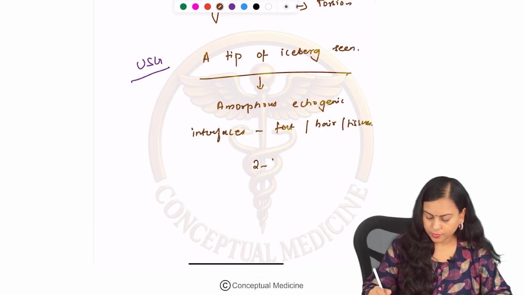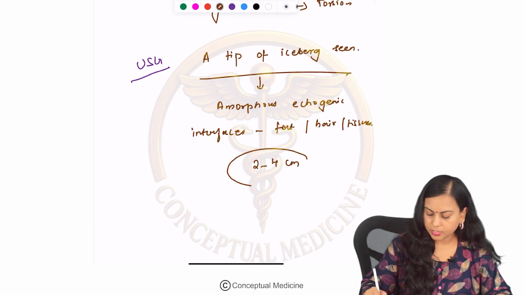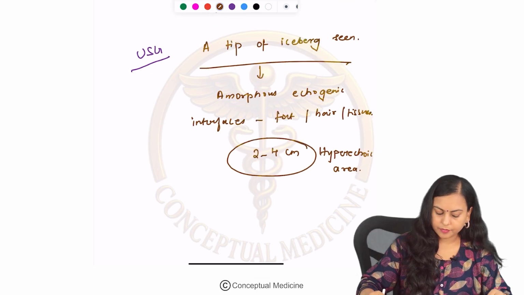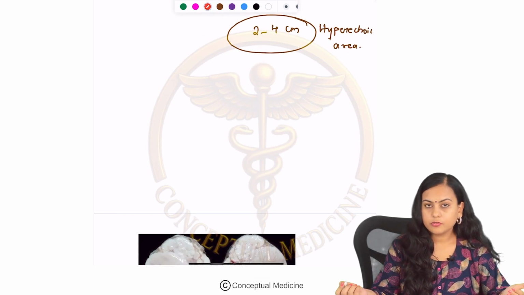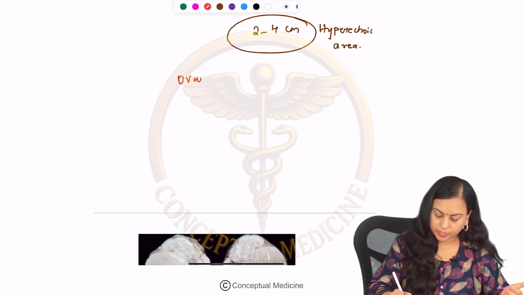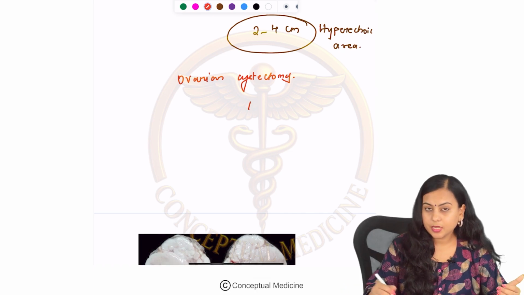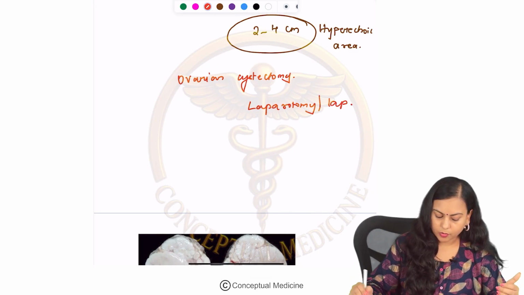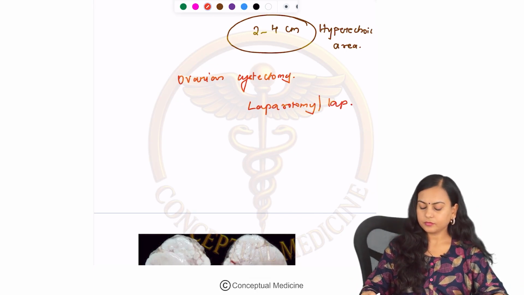Rokitansky protuberance will be seen as a 2 to 4 centimeter hyperechoic area in an ultrasonogram. So how will you treat them? Yes, definitely you will offer them an ovarian cystectomy. Okay, that can be given by a laparotomy or a laparoscopy also. Clear? Right.